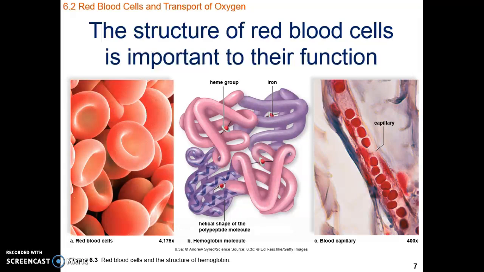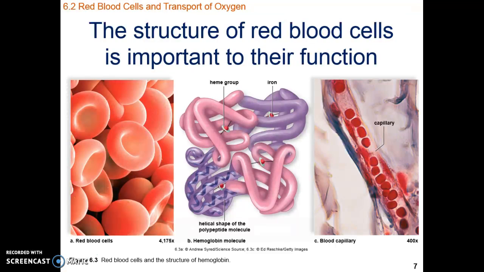And that donut shape gives them a greater surface area. That surface area is important because you're going to have oxygen moving across the plasma membrane of those cells. In the middle, you have the hemoglobin molecule. The hemoglobin molecule is what's going to actually carry the oxygen.